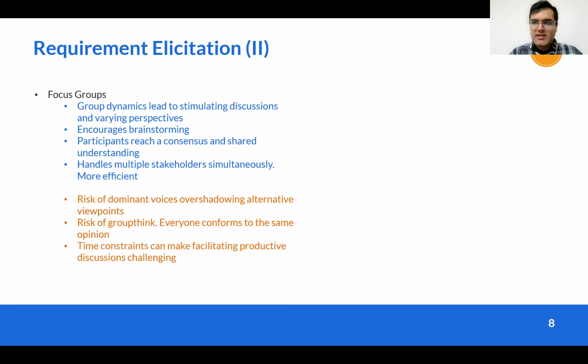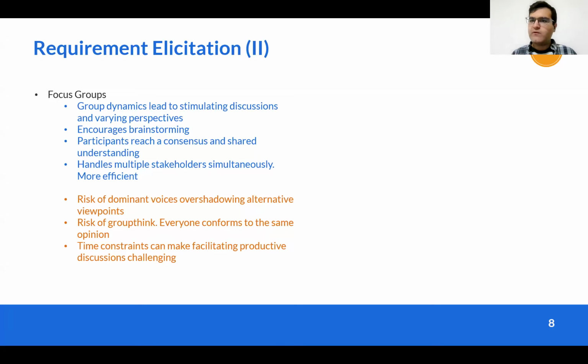And then again, time constraints. Whenever you're dealing directly with stakeholders, time is always a problem. Even though focus groups tackle multiple stakeholders at once compared to an interview, it still has time constraints because you're getting so many people. Are they even free at all? Are they all free at the same time?